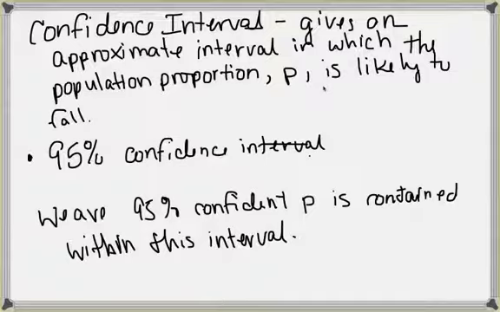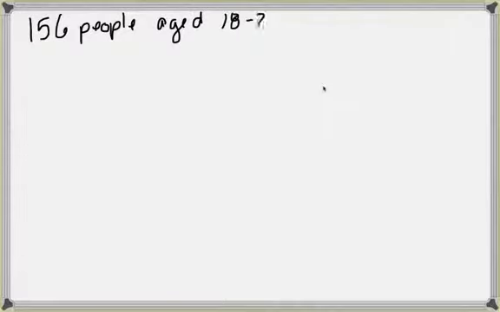So what we're going to look at is an example where we actually calculate a 95% confidence interval. For our example, I'm just going to give you a rundown of the information that we have. We have 156 people aged 18 through 22, and they were surveyed.